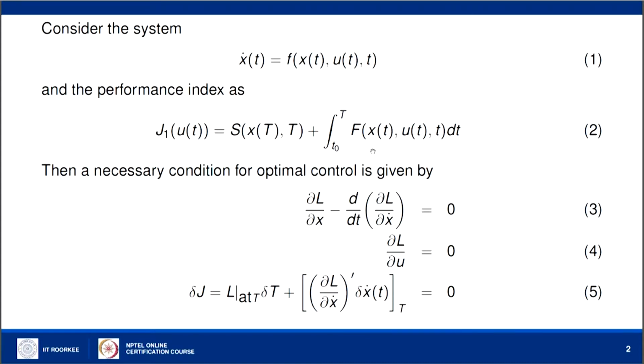So, we considered the system dx by dt equal to f of x of t, u of t, where x is the state variable and u is the control variable, and the performance index to be minimized or maximized is given by the expression J1, which is equal to the function S of x of capital T comma t plus the integral from t0 to capital T of F of x, u, t dt.